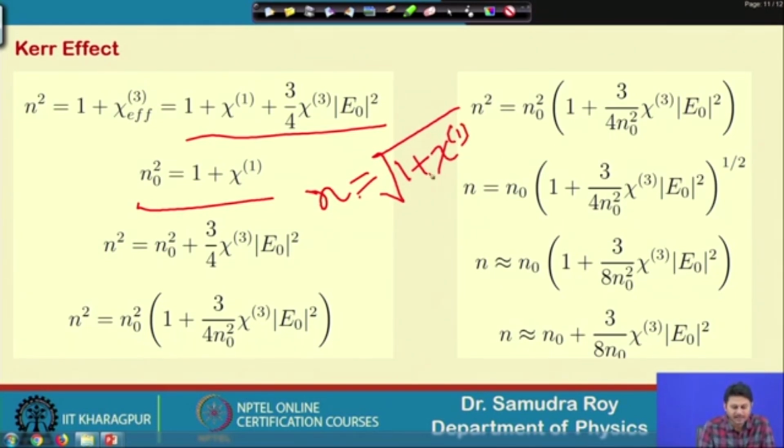So, refractive index square is the square of that. The 0 suggests that I am talking about a refractive index which is not nonlinear in nature, so the higher order effect is not included.